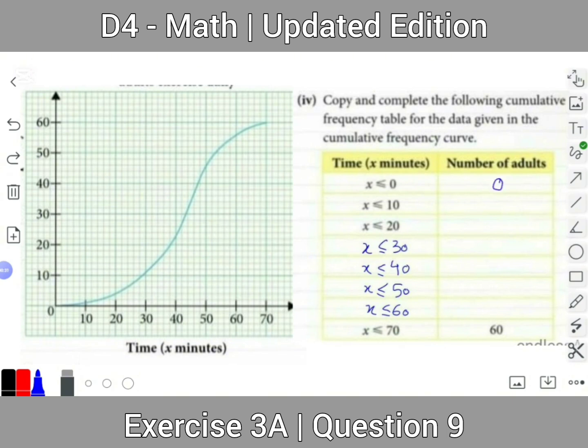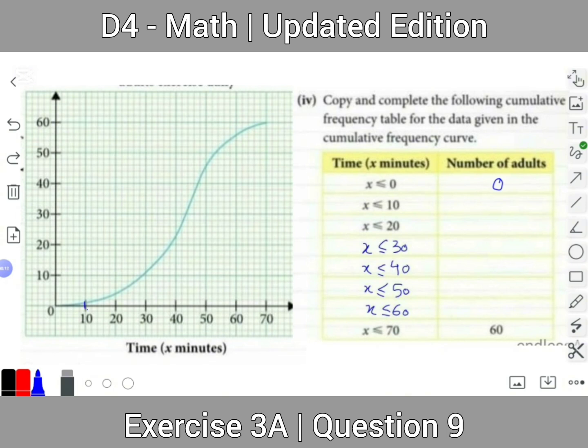For 10, find out the cumulative frequency corresponding to x less than or equal to 10. We will draw a vertical line from the horizontal axis and draw it until it intersects the curve.